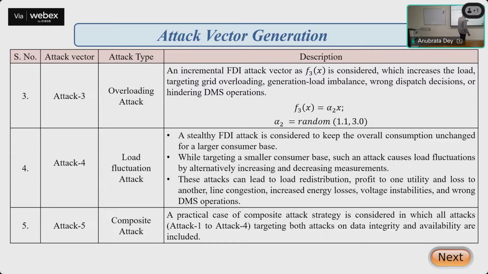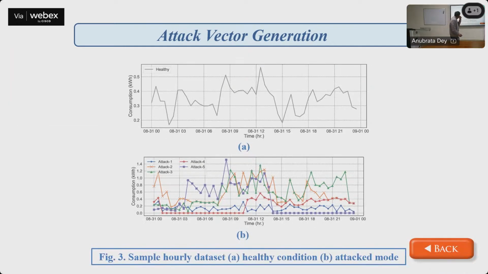With the same data set, you multiply your original data set with this overload and generate that type of scenario. Then the fluctuations also you can create, and the composite, that means the addition of earlier attacks 1, 2, 3, 4, that also you can create. Once you do that, it looks like this. This is your healthy data, and this is the data when you have performed the different 5 types of attacks which I have mentioned. So that you can generate it.